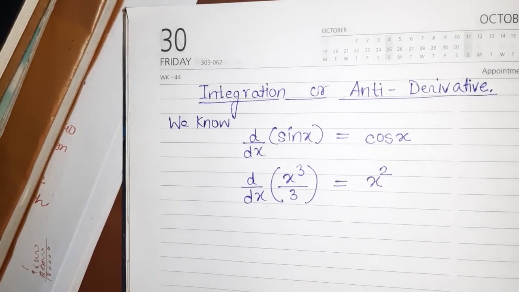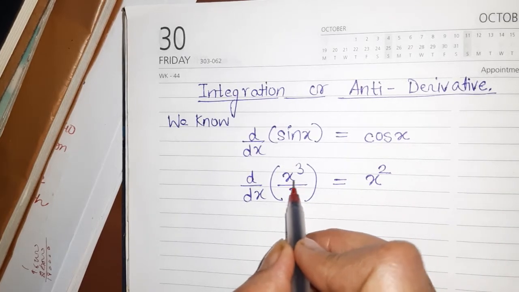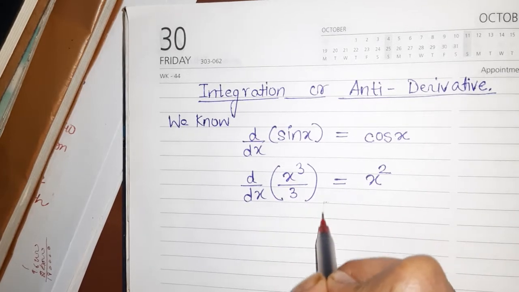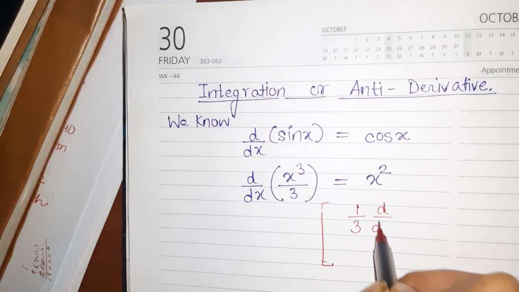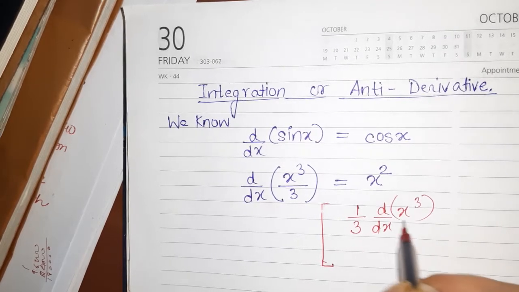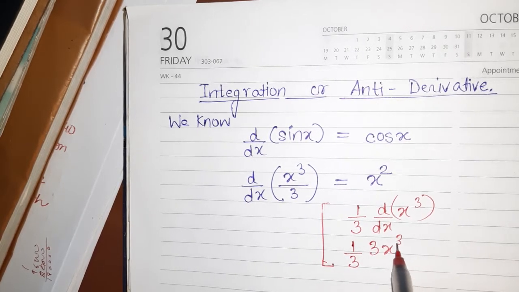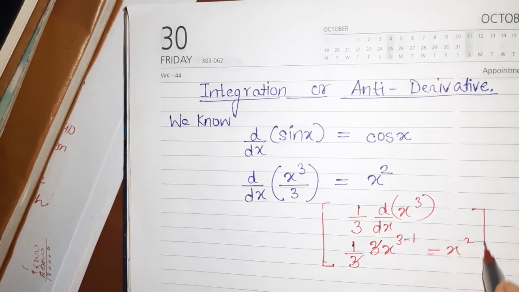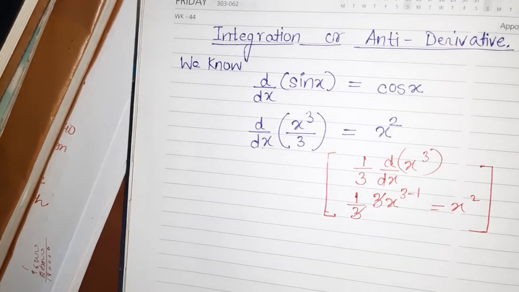How do we get this? The formula is for x to the power n. Here the constant is 1/3, so we take 1/3 outside, then d by dx of x cube. The formula gives n x to the power n minus 1, that is 3 x to the power 3 minus 1. So the 3 gets cancelled and we remain with x square. So d by dx of x cube by 3 is x square.